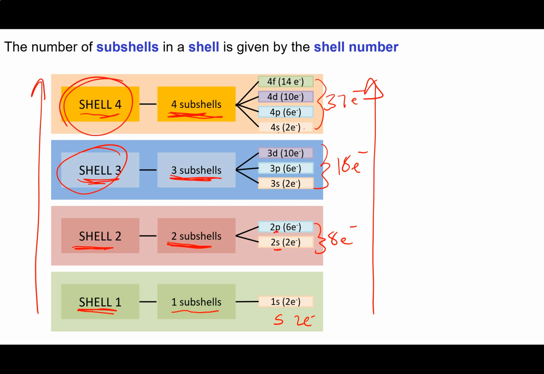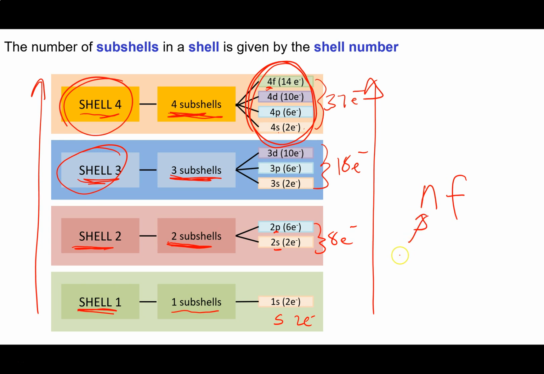Now, beyond shell 4, they all have this full set of the 4 different types of subshells. Now, you can see here how we're notating a particular subshell. We're writing the n value, and then we're writing the letter s, p, d, or f that indicates the type of subshell.